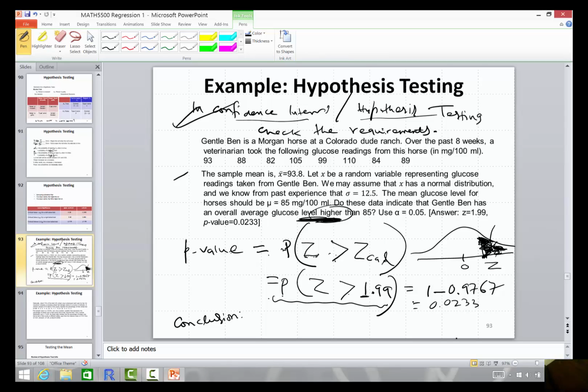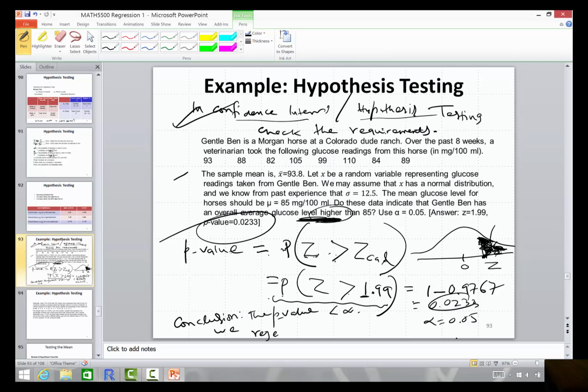The p-value is 0.0233. That's what I gave, right? We got the same answer. So the p-value is this, and alpha is equal to 0.05. You compare: is the p-value smaller or bigger? The p-value is smaller than alpha. Remember, when the p-value is small, we reject the null hypothesis.